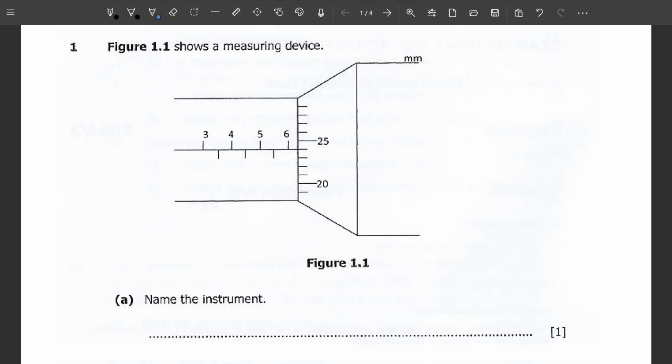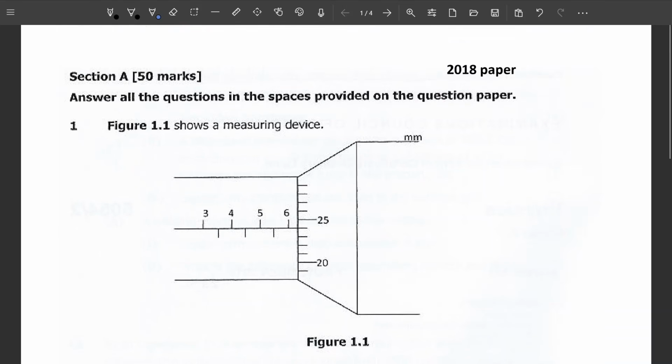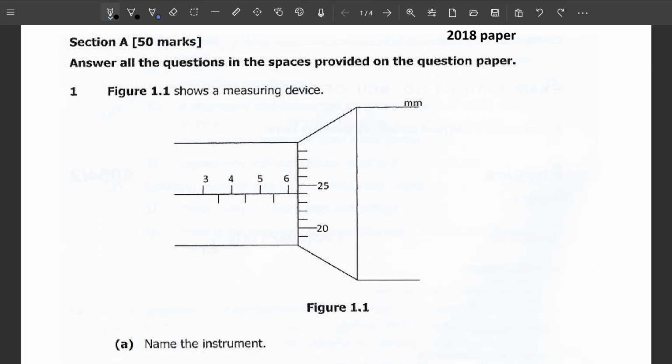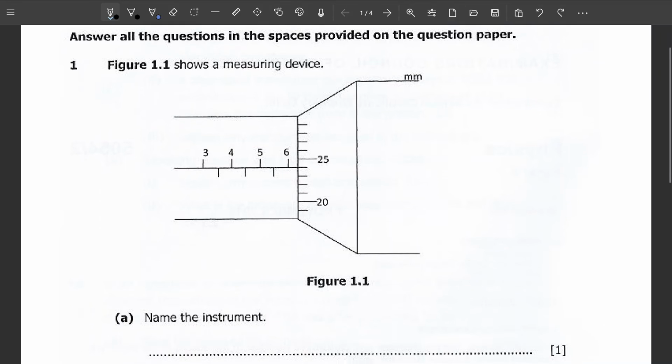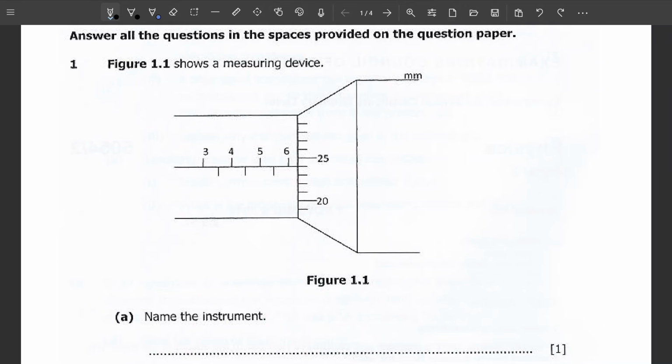So we had this question here. This question was picked from a 2018 paper, and this was actually from section A. The instruction was: answer all the questions in the spaces provided on the question paper, meaning that you have to answer within the spaces that are provided.